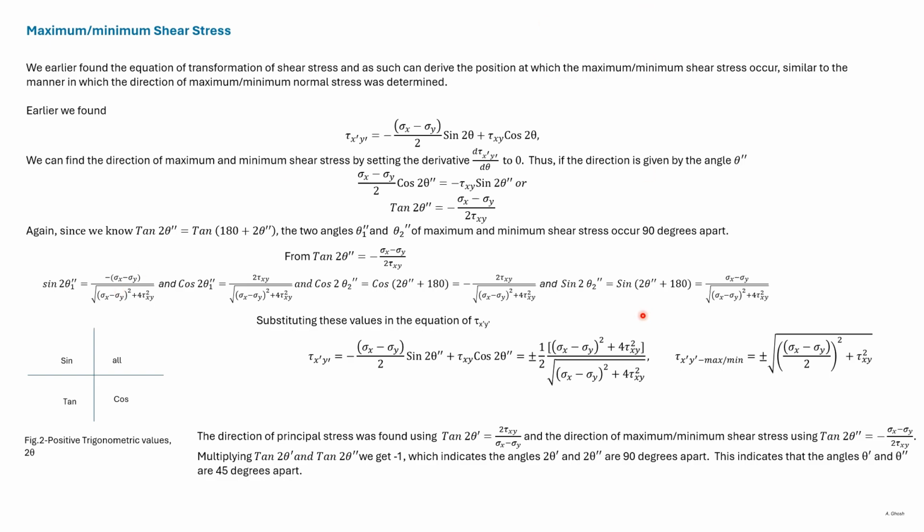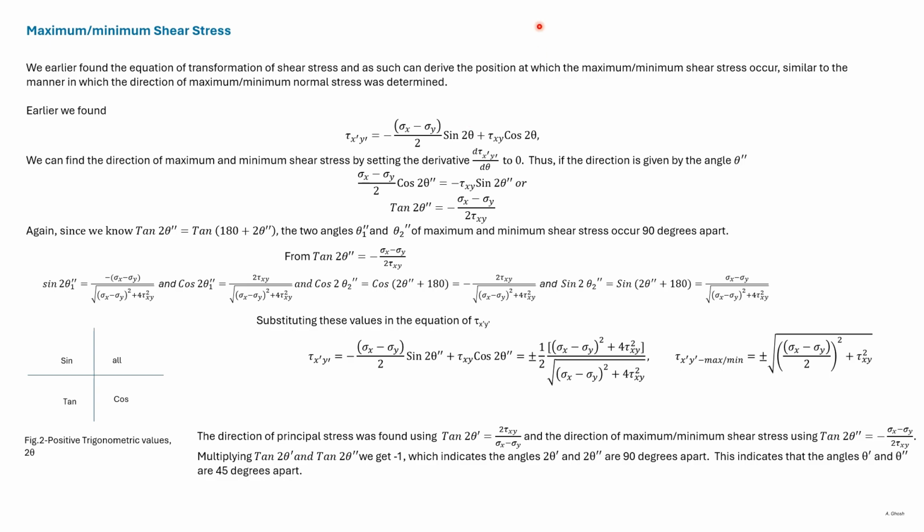So in this term, in the numerator, we get sigma x minus sigma y. Now we have obtained the directions corresponding to maximum and minimum shear stress. We substitute the angles in this expression to get the magnitude of maximum and minimum shear stress.